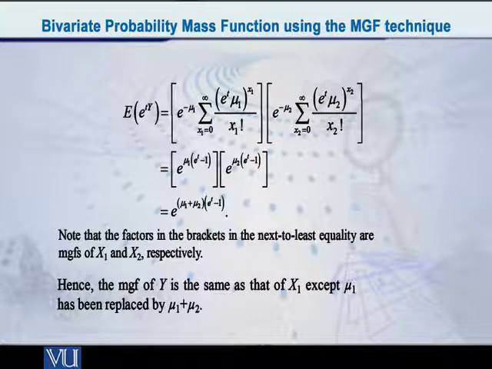So this means that the random variable y also has a Poisson distribution.